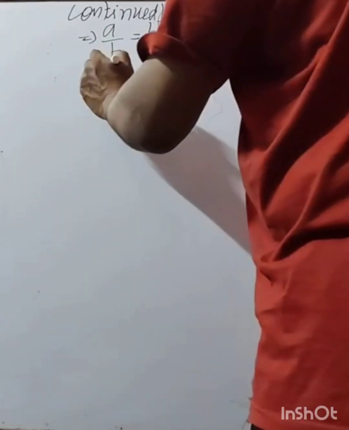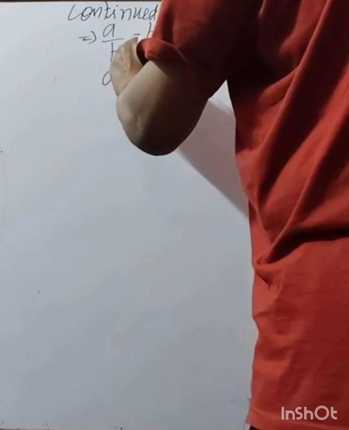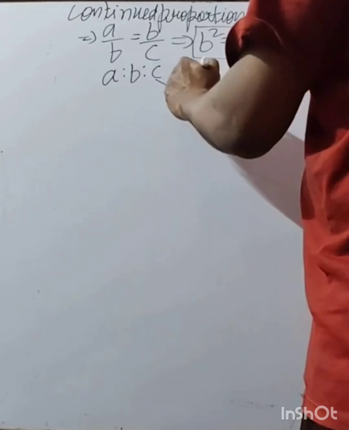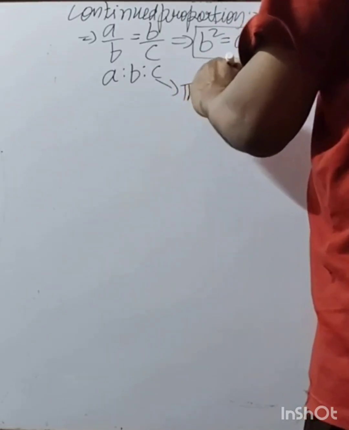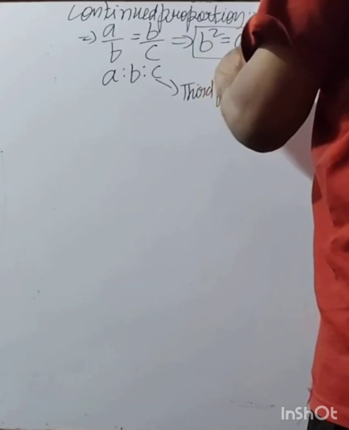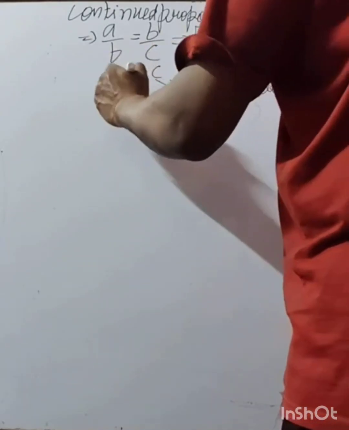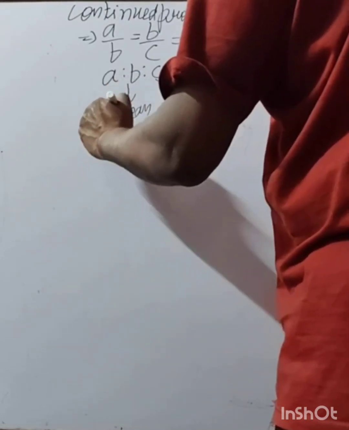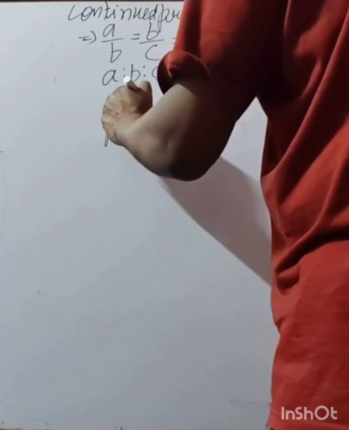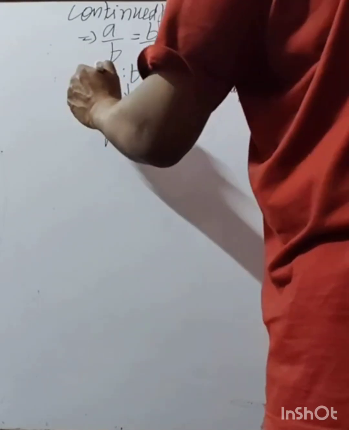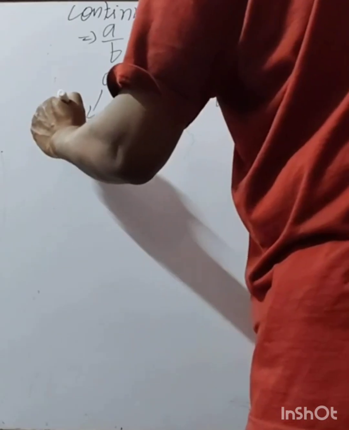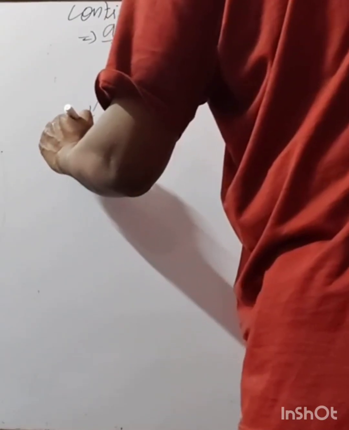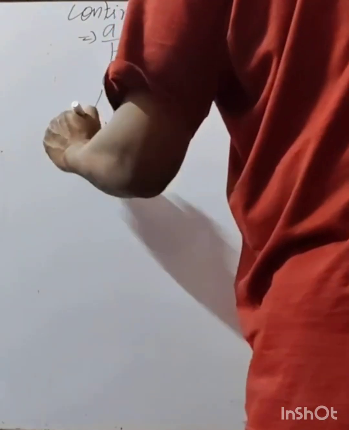In this, C is the third proportion, B is the mean proportion, and A is the first proportion. Right?